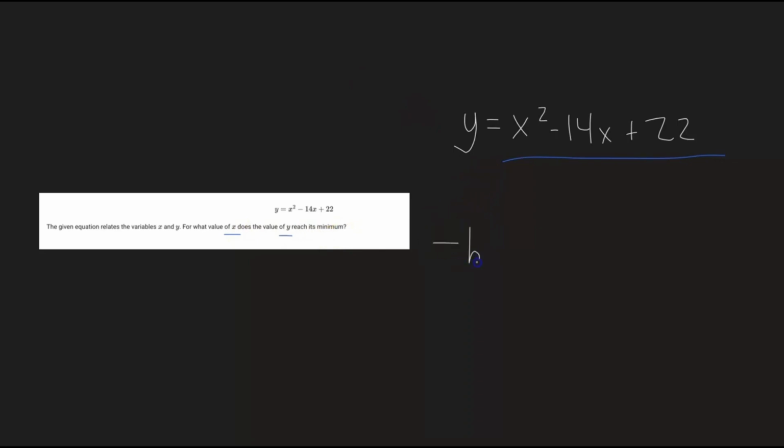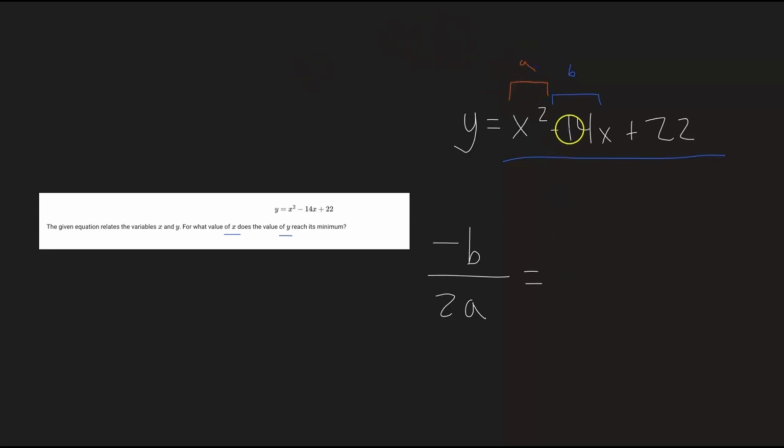It's going to be negative b over 2a, right? This is a part of the quadratic formula, so you don't have to really memorize this if you have the quadratic formula down. But let's just solve for it now because we have our corresponding values, right? We know that our b value is going to be represented by negative 14, so let's label this b. And then our a value is going to be positive 1, so let's label this a.